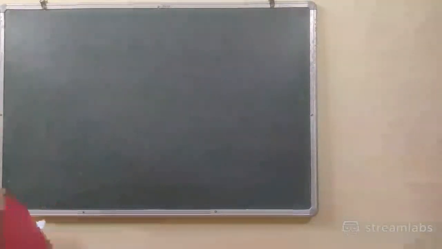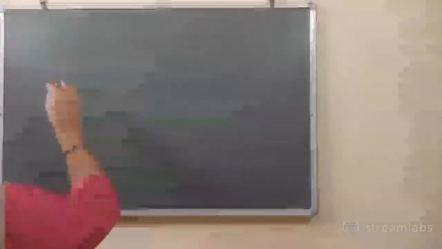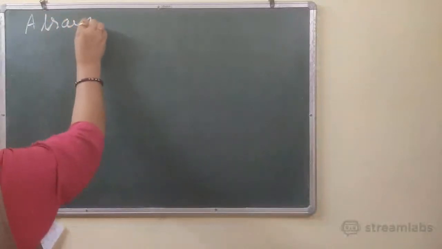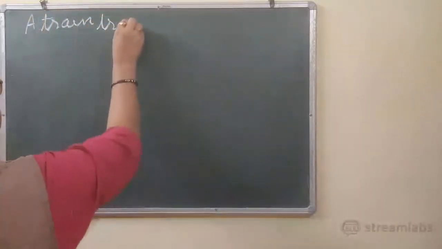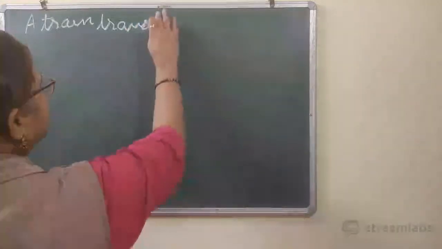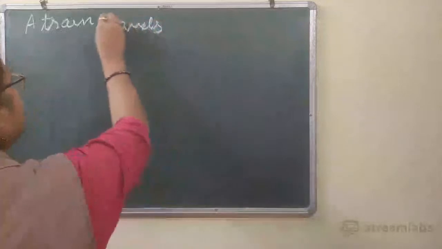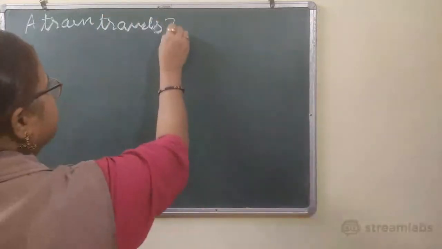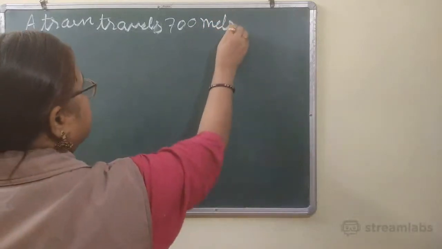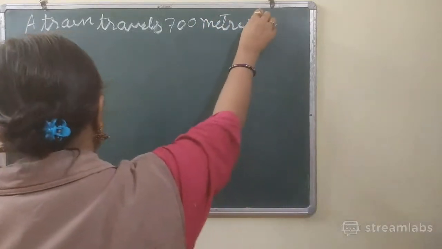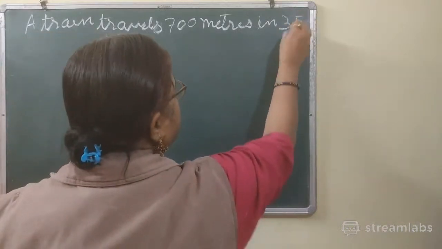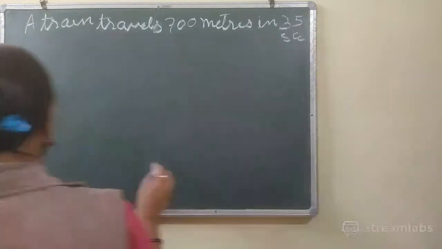Now next question is, a train travels 700 meters in 35 seconds.